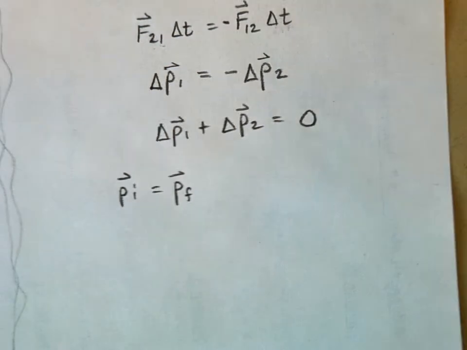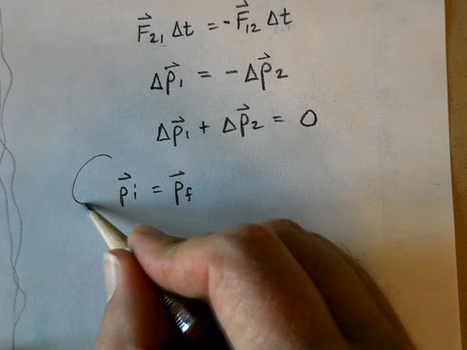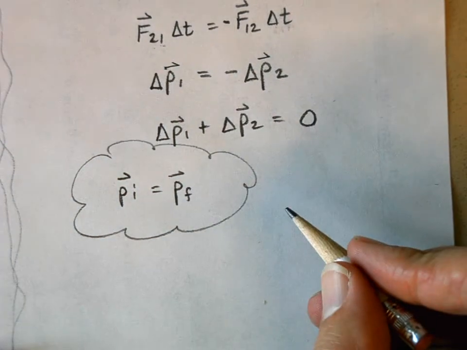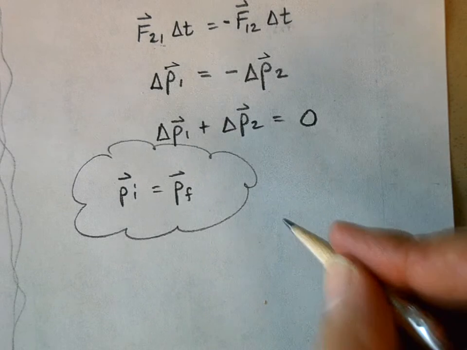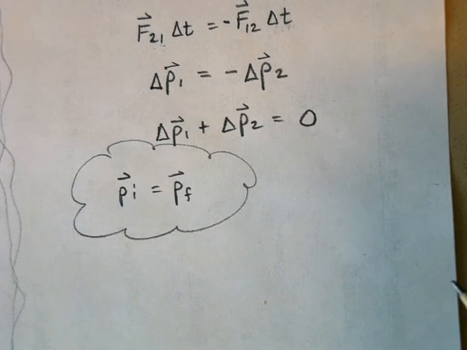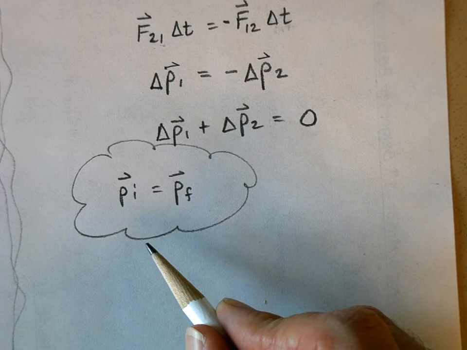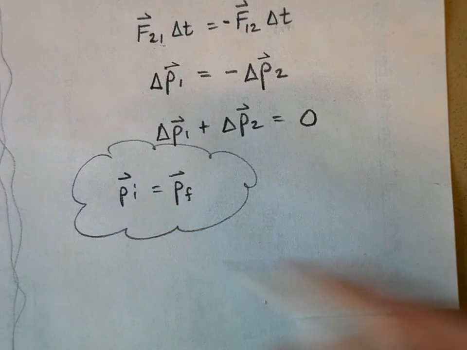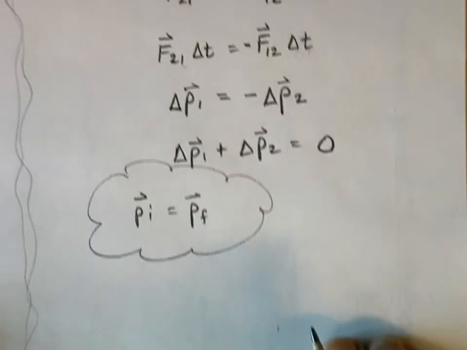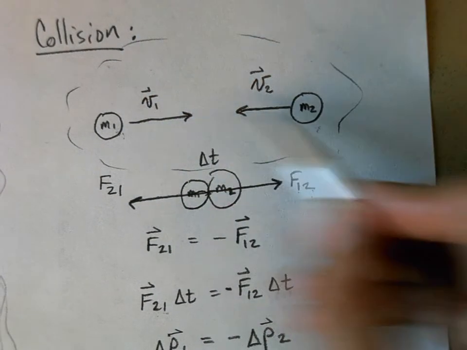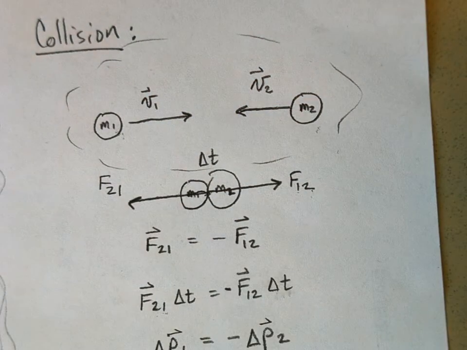And if you have an isolated system where collisions are happening, this is true. There are no exceptions to this. This is a law of nature. And you can use this law to solve lots of problems. This is your basic equation you start with. And so what you would do if you had a collision problem, you have two objects like this, and these are their velocities before the collision.